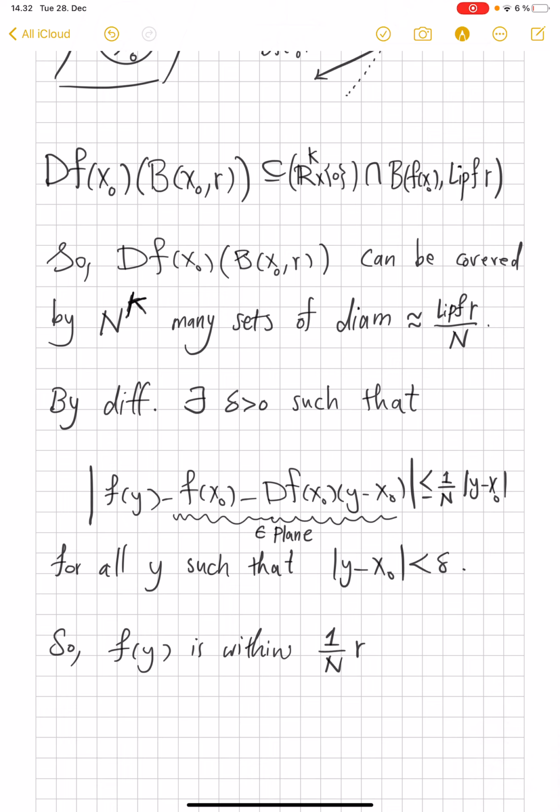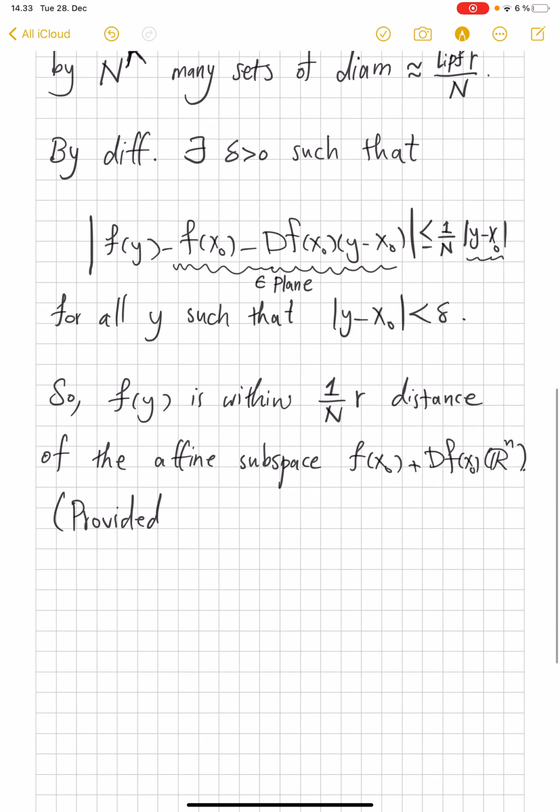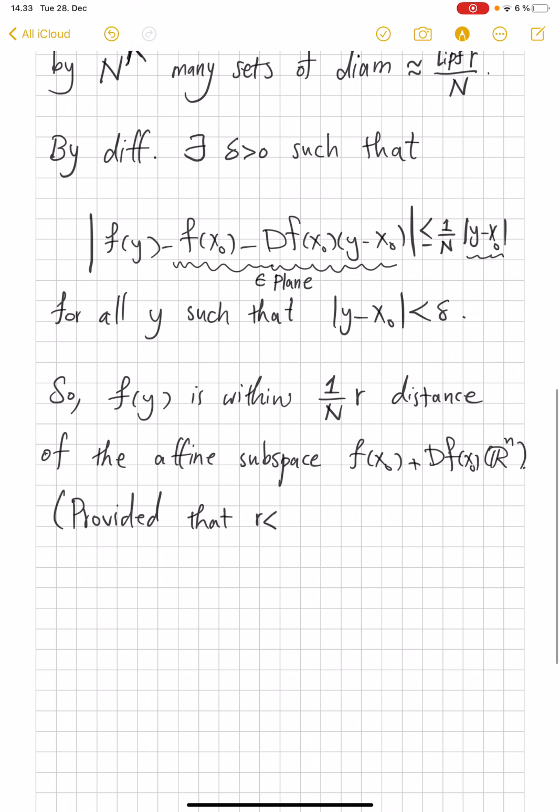So the biggest this can get is r, within 1 over n r distance of the affine subspace f of x0 plus derivative f at x0 applied to the ball of radius r. Of course, provided that r is less than delta.